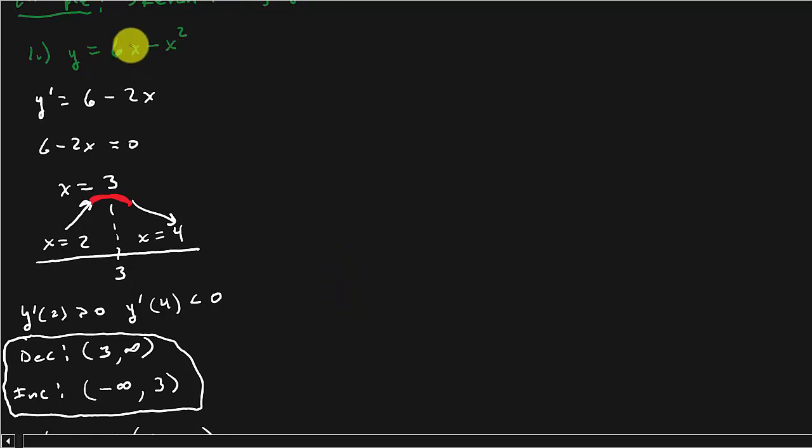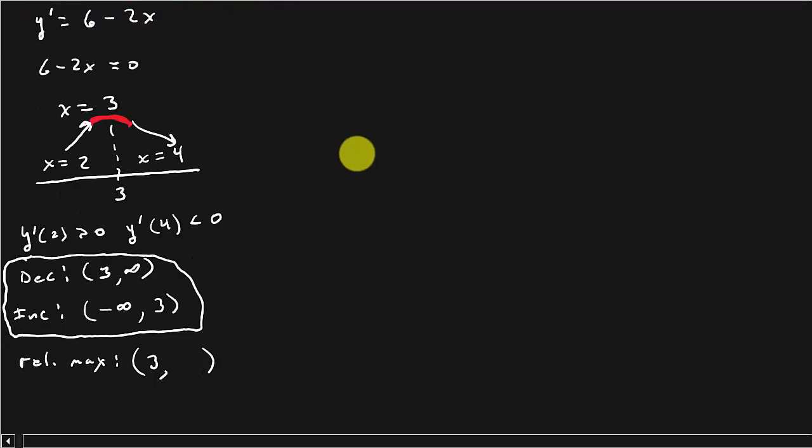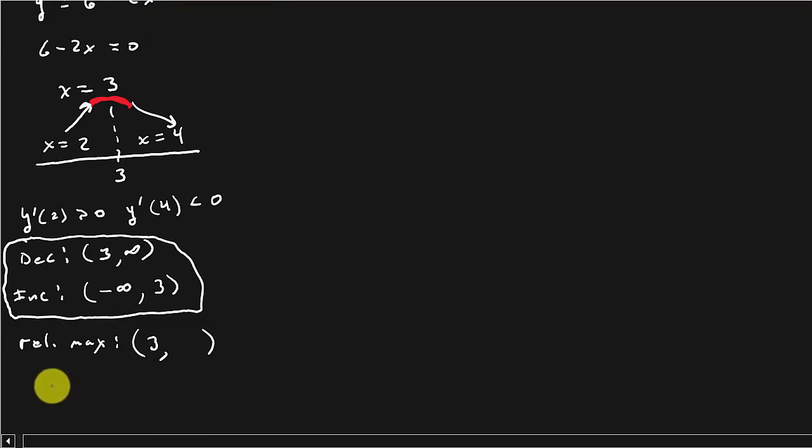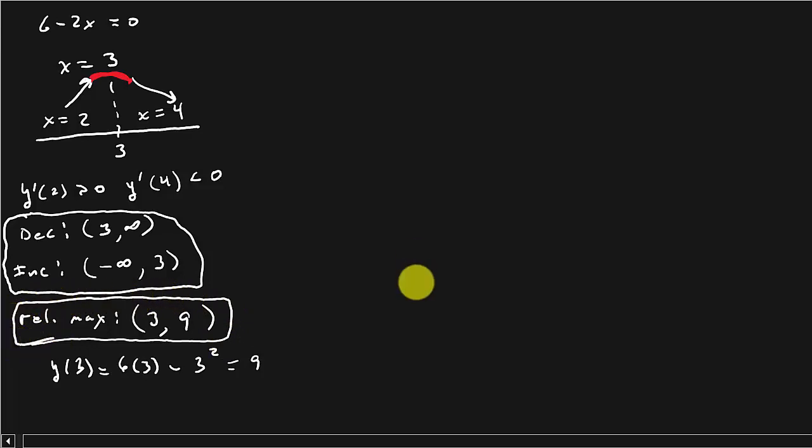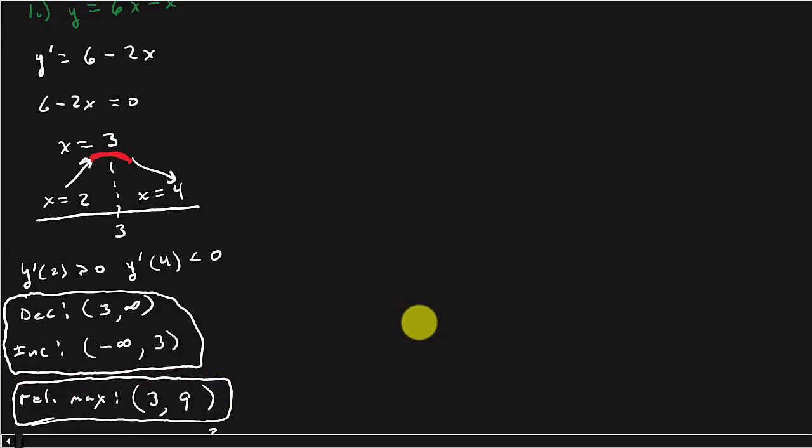So y of 3 is 6 times 3 minus 3 squared, so that's 18 minus 9 is 9. So I have a relative max at (3, 9). Okay, so we're basically just going through and finding all the stuff we need. So I've got increasing, decreasing, relative max, min.